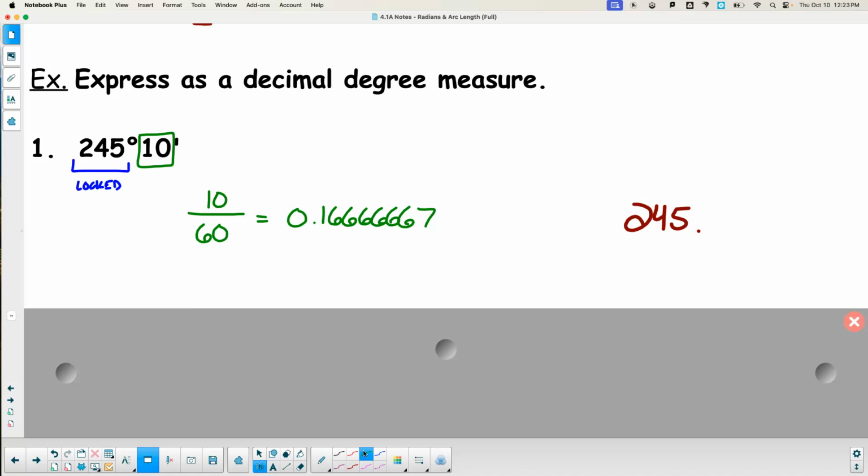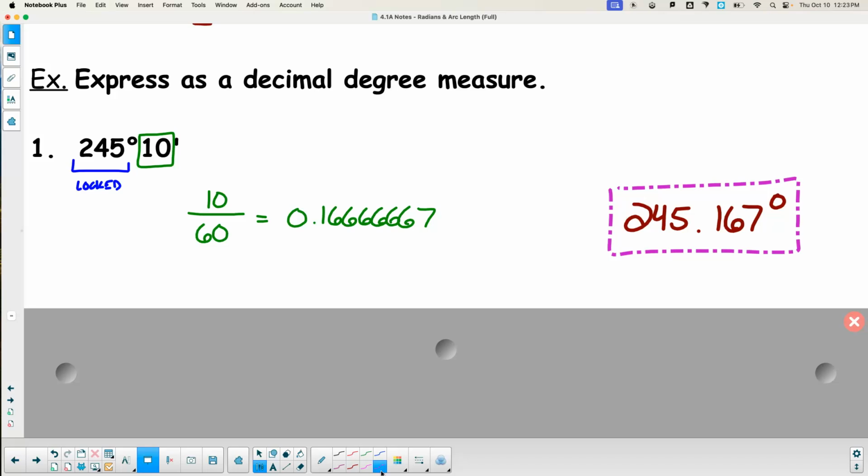Trust me. Okay? So the decimal degree of this is, because you kept the degrees and converted the minutes into that.